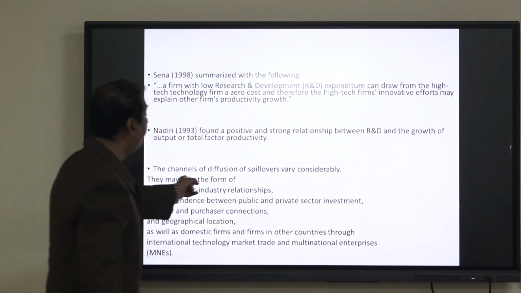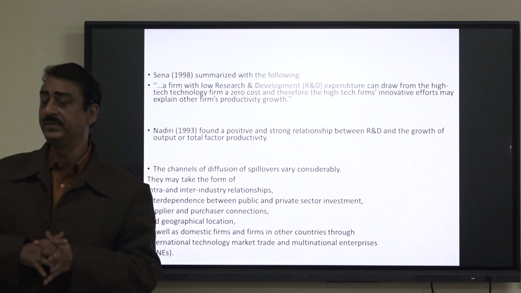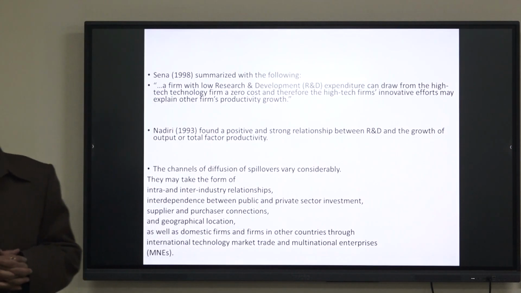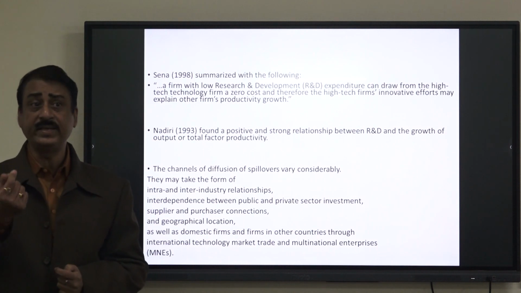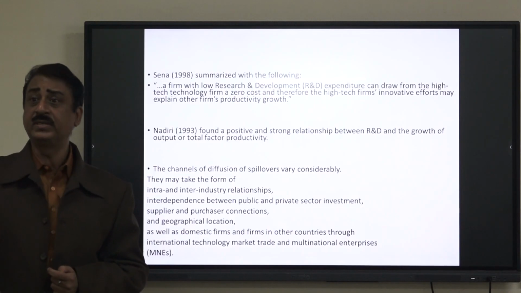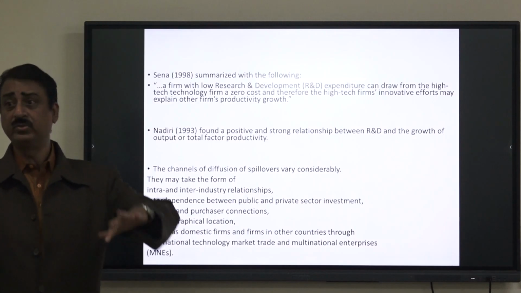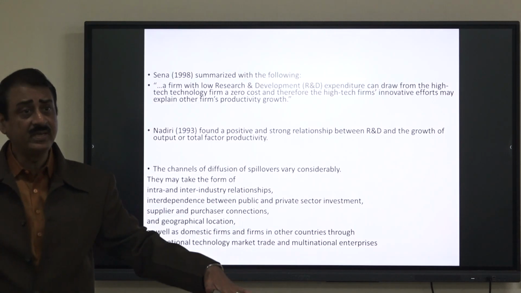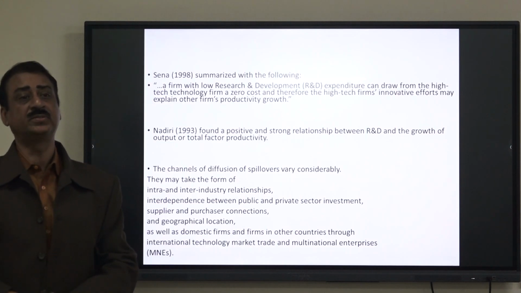Then, the channels of diffusion of spillovers vary considerably. This is a very interesting theory, the spillover theory. They argue that if one sector is undertaking innovation and there is technological upgradation, it will immediately have a lot of spillover effects on other complementary, vertically or horizontally related industries.